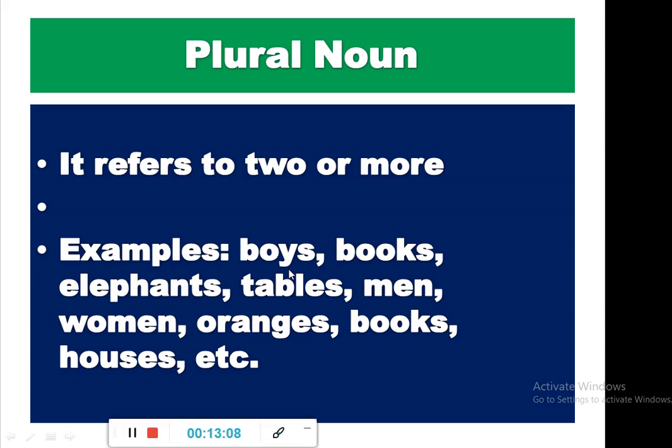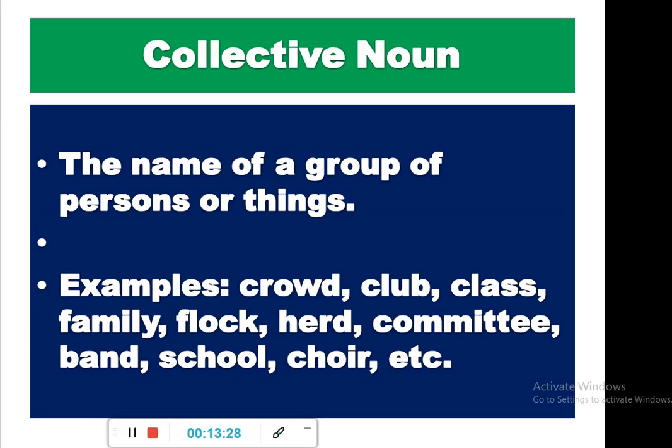Of course, in a separate video, we shall be looking at the rules for pluralizing nouns. There are rules that govern the pluralization of nouns, and we shall look at that in subsequent videos.